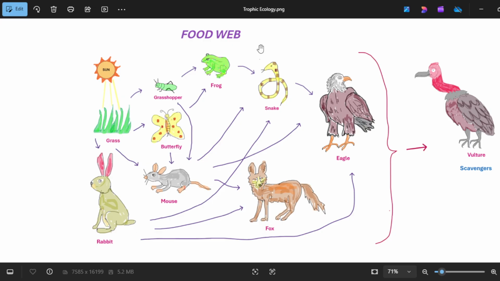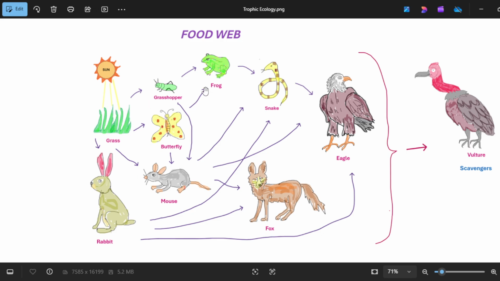So a food chain just shows you one particular sequence or one particular type of diet of an organism, but a food web shows all possible diets that particular organism has, how complex the network is, and how the multiple food chains are all interconnected.